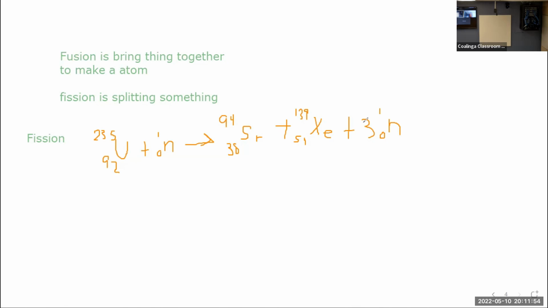Okay, and then one more. One of the most commonly used forms of fusion is the fusion of hydrogen. So we have 2 isotopes of hydrogen, hydrogen 2 and hydrogen 3, or deuterium and tritium.